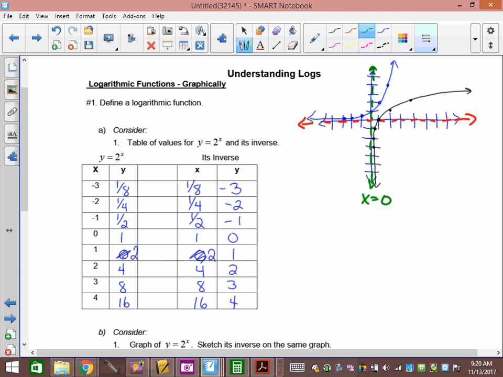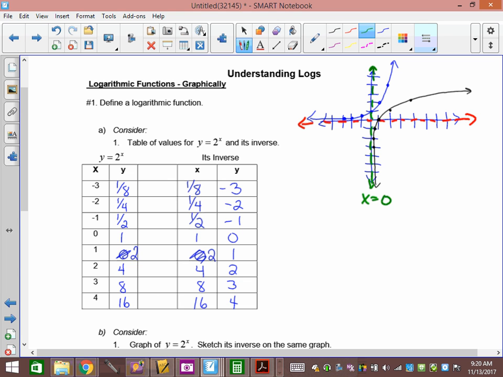So the x-intercept of the exponential graph will be the y-intercept of the log, and the y-intercept of the log graph will be the x-intercept of the exponential. They're just vice versa because the zeros switch, right? 0 was in the x, it's now going to be in the y. So they completely flip.